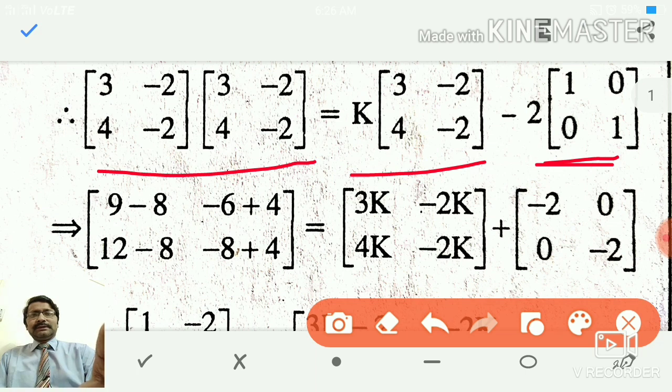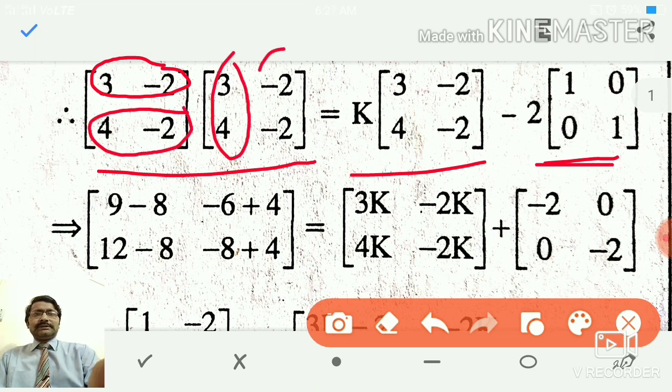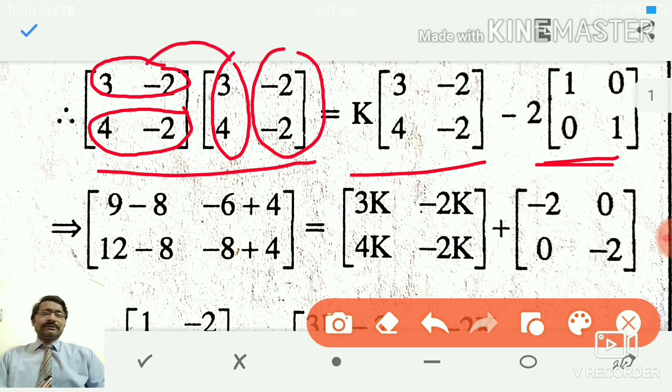Look here, this is the first row, this is the second row, this is the first column, and this is the second column. First row multiplied by first column, we will get the first element: 3 times 3 is 9, minus 8, since 4 times 2 is 8.